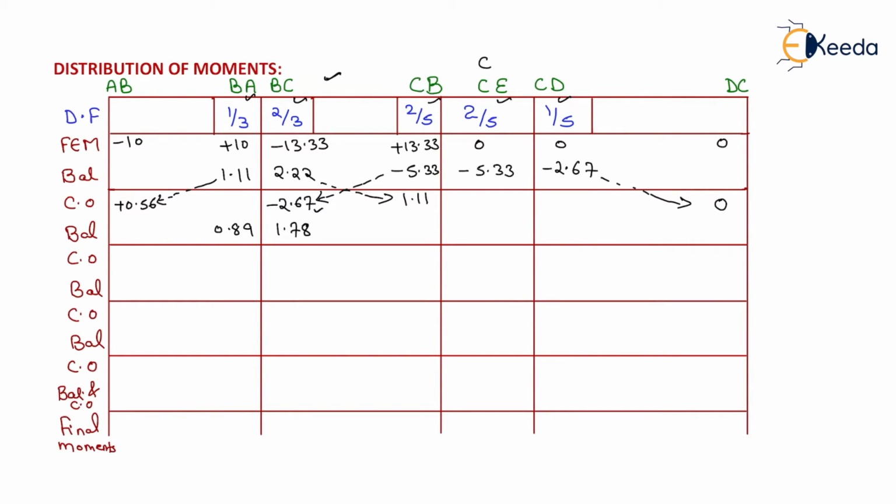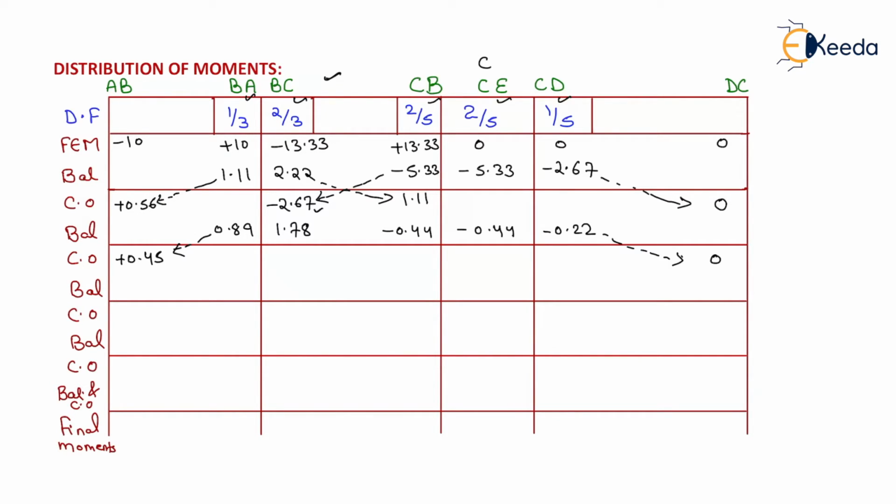If we multiply minus 1.11 by 2 by 5, it will be equal to minus 0.44, and it will be the same in CE because the distribution factor is the same, and in CD it will be equal to minus 0.22. Now the carryover of CD will be given to DC, but due to the hinge support, the carryover will be equal to 0. The carryover of BA will be given to AB, which will be half of the magnitude, and its value will be equal to plus 0.45.